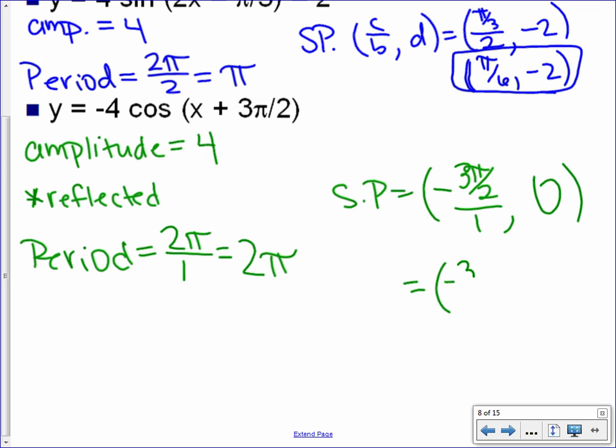So our starting point is negative 3 pi over 2, 0. So let's put some things together here. I'm going to give you a little handout. We are going to graph using the framing method.